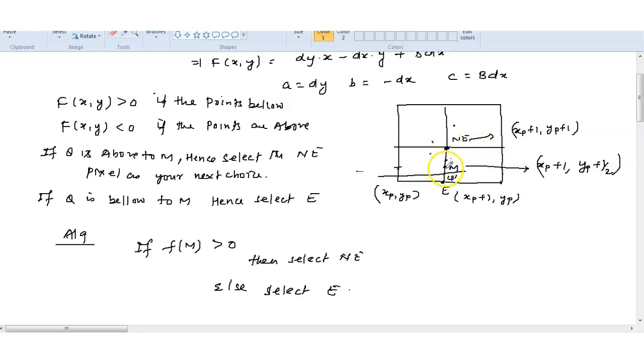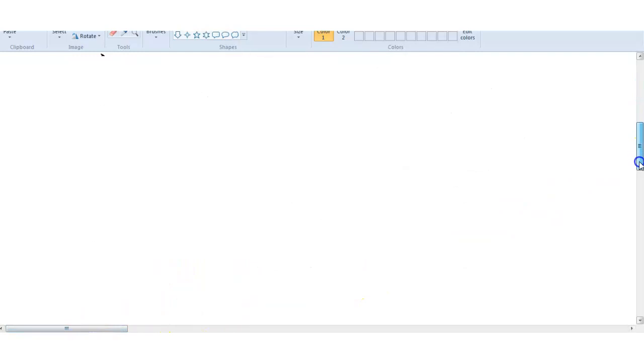And if f(M) is less than 0, the point Q lies below M, and we have to choose the nearest point, east. So we have to find the midpoint and evaluate it using the decision variable. Let's consider here, I will draw this one point once again.